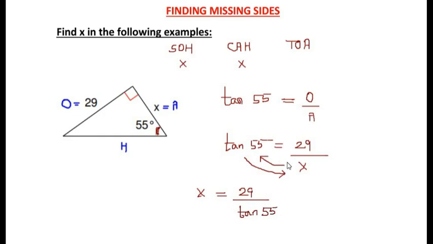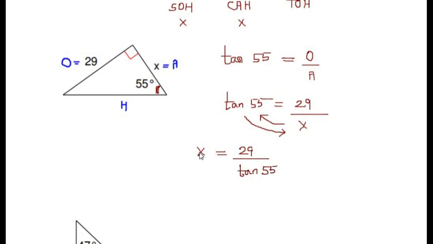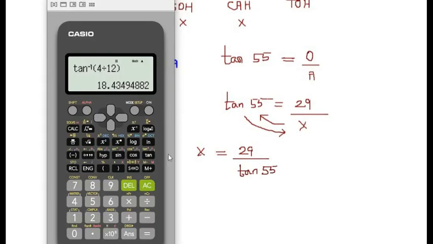So this is basically your basic mathematical operations. Division becomes multiplication and multiplication becomes division. So let us see what we get as the value of x here. So let's check 29 divided by tan of 55.